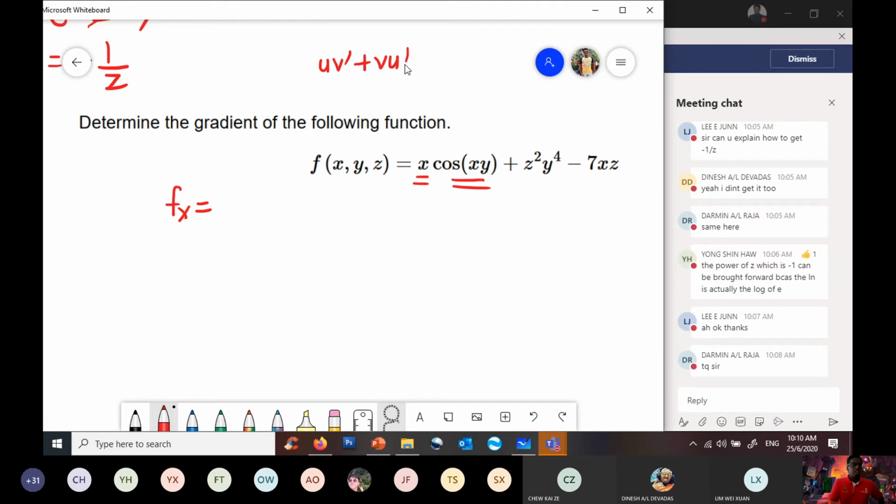If you have x up and down in the form of a fraction, then you must use quotient rule. Quotient rule is vu prime minus uv prime over v squared. So this is quotient rule, this is product rule. Right now there are two x side by side, so you must use product rule, where your first thing is your u and the second part is your v.